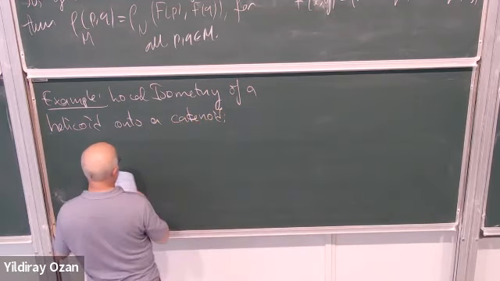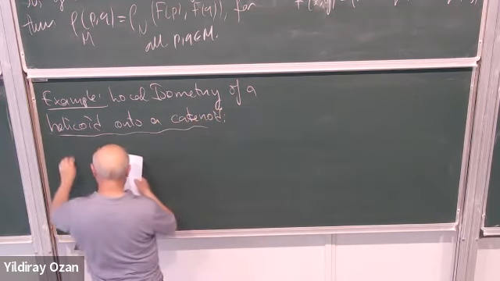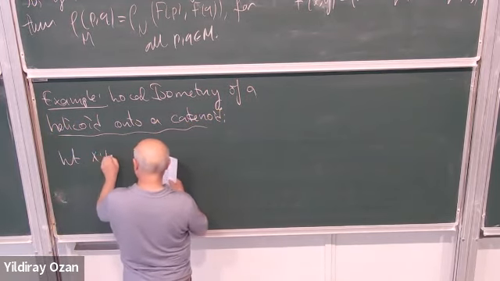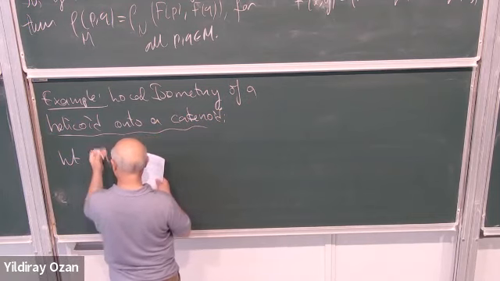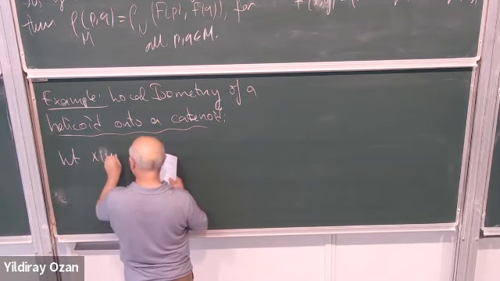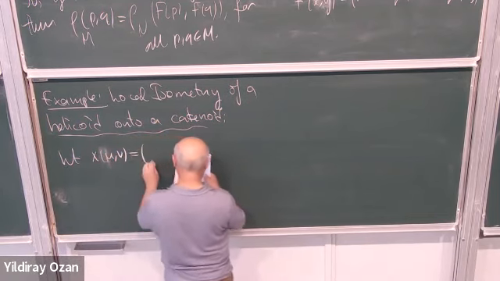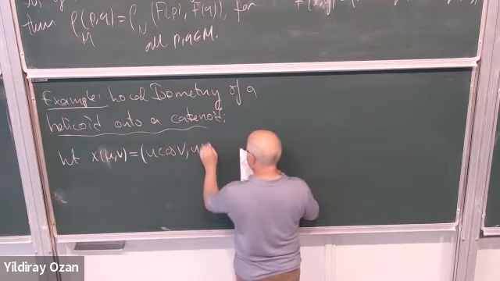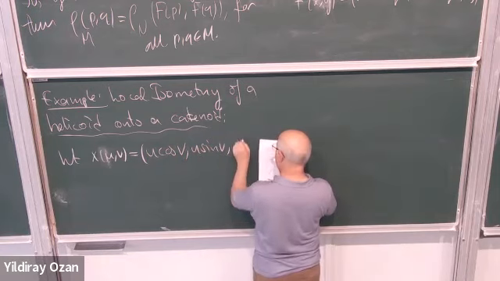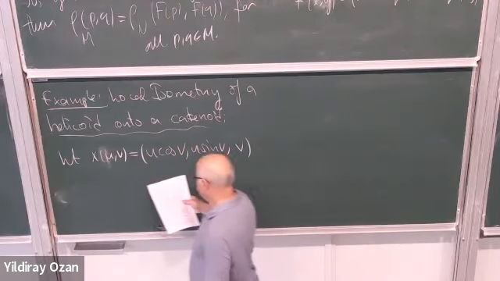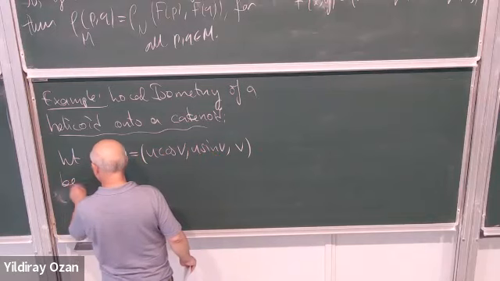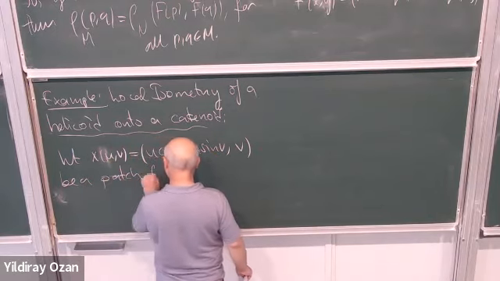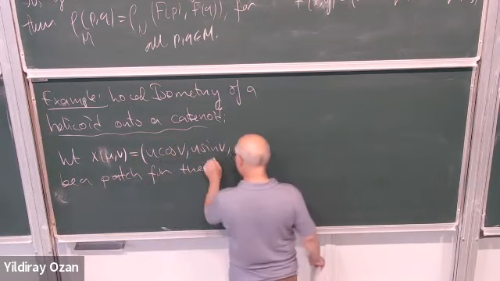So here is the map, x of u, v. This is u times cosine v, u times sine v, and v. So it's the surface patch for the helicoid.